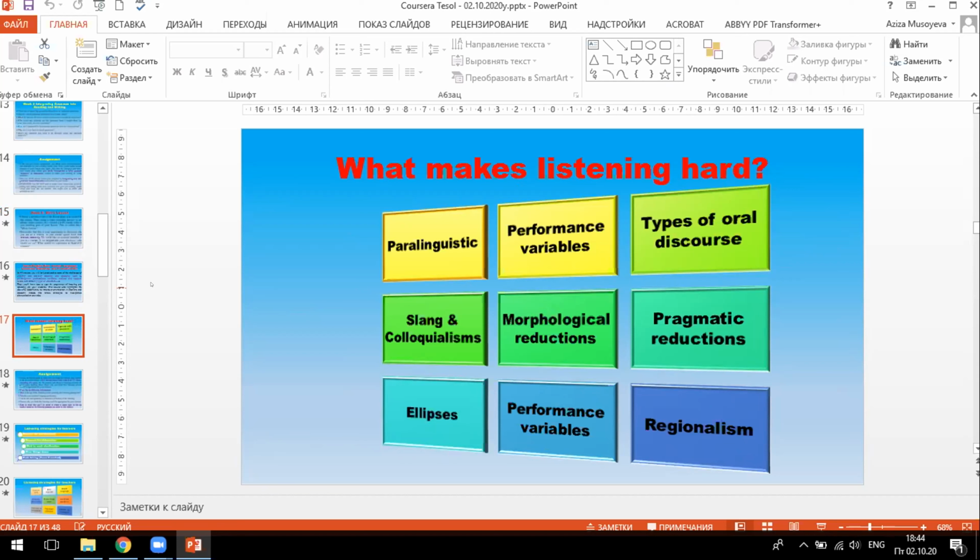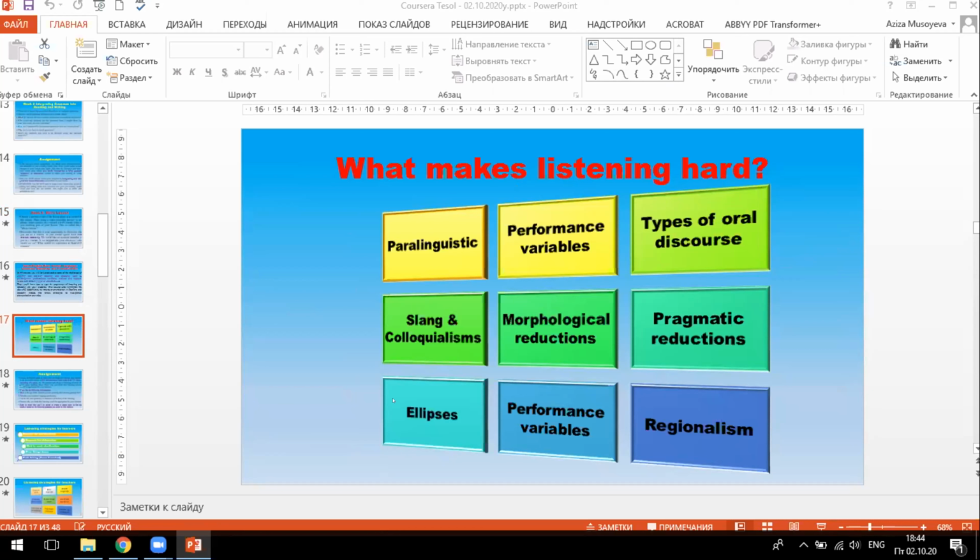Yeah, I agree with you. And any ideas about what makes listening hard? What do you think? As activities for them to improve their listening. You mean what ideas I suggest for teaching listening better?